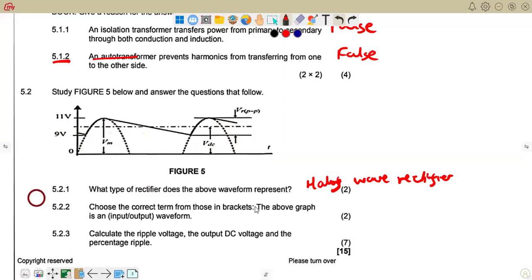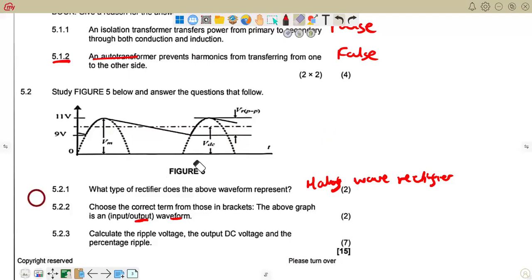Choose the correct term for those in the brackets. The above graph is an output waveform. The sine wave is an input signal before rectification has been done. So just mention that out of interest.